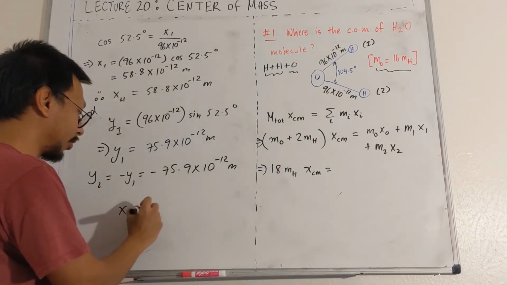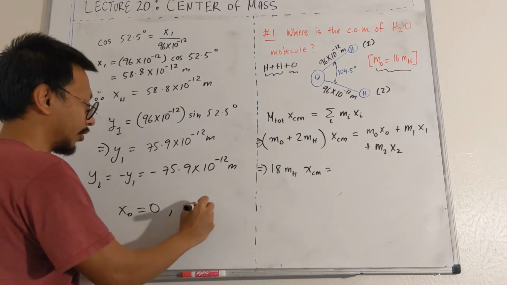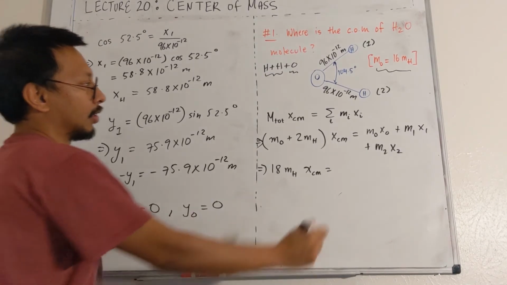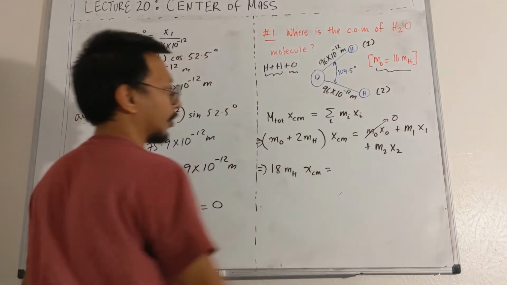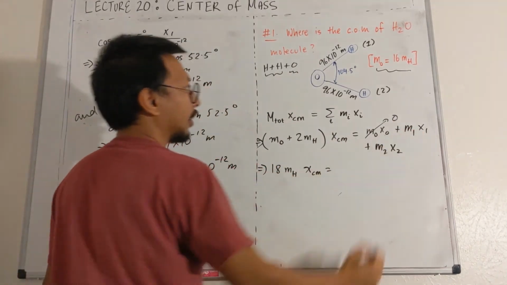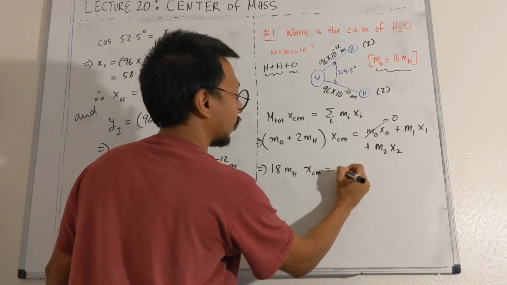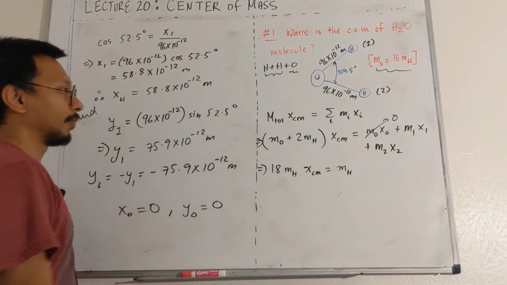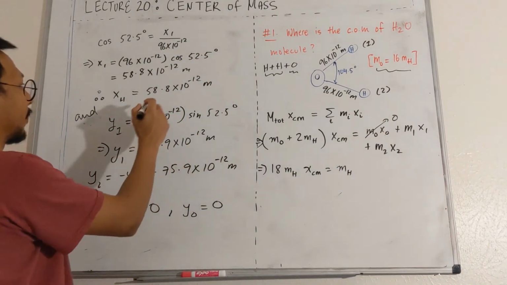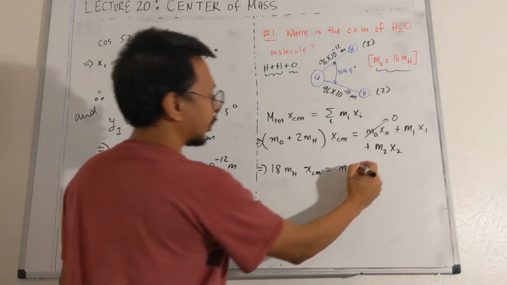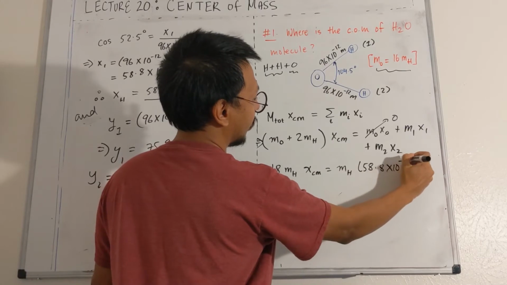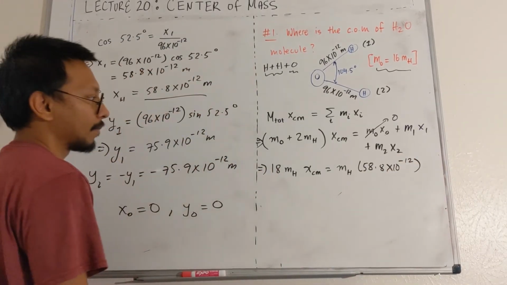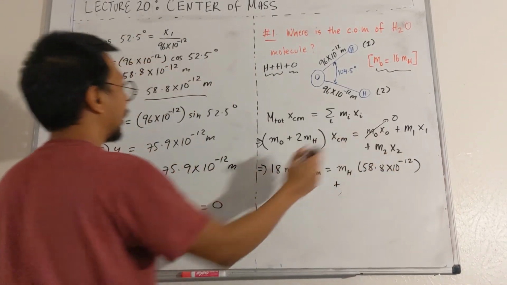Remember, x0 equals 0, y0 equals 0. So since x0 is 0, this term goes to 0. M1 is the mass of this hydrogen, so let's replace it by MH. X1 is what we found here, times 58.8 times 10 to the minus 12 meters, plus M2 X2.